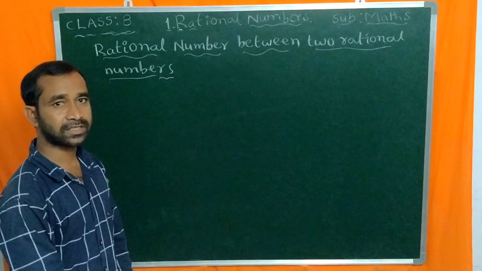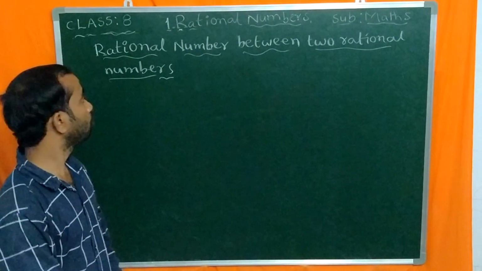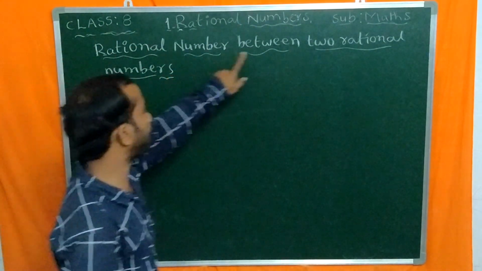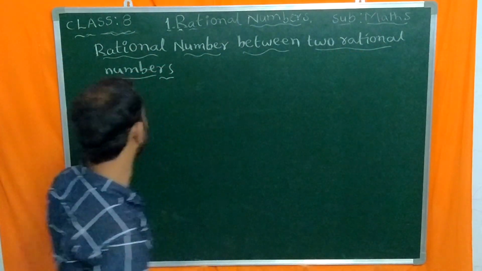Okay, children, let's continue part 2. Next, rational numbers between two rational numbers.